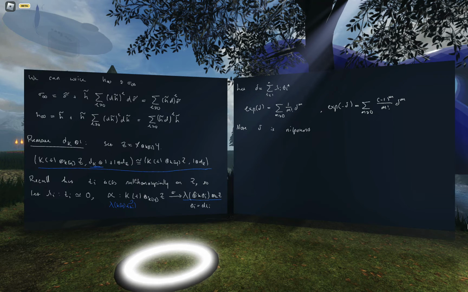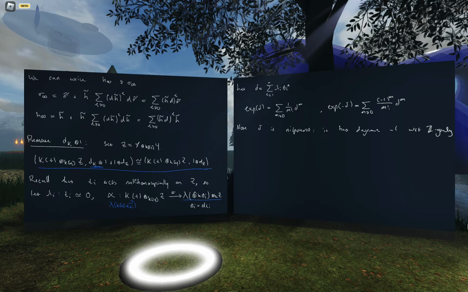Why is that? It has degree -1 with respect to the z grading, and this module is bounded from below.